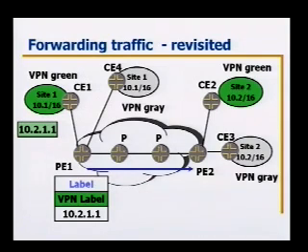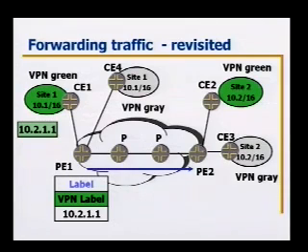The bottom label is a green label that was advertised by PE2 at the time that it advertised the route from site 2. The purpose of the green label is to help PE2 identify that this traffic needs to be forwarded towards CE2. The top label is the label that's giving us connectivity between the PEs and is bringing the traffic all the way to PE2.